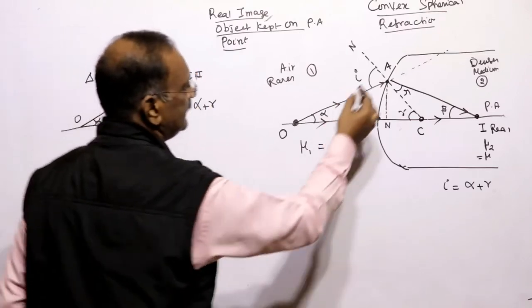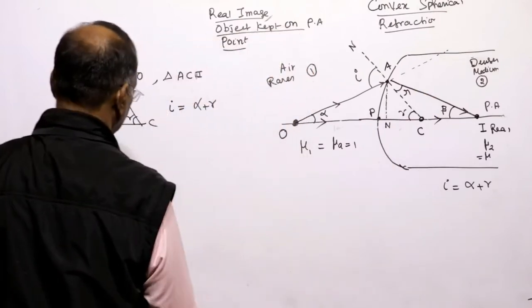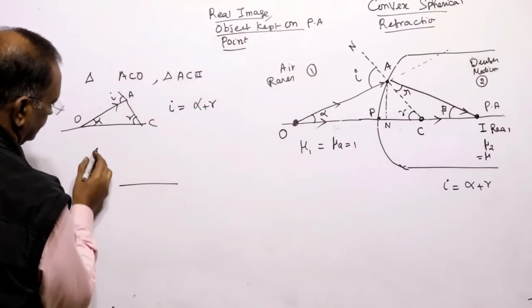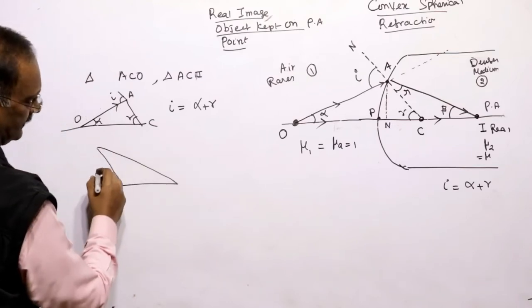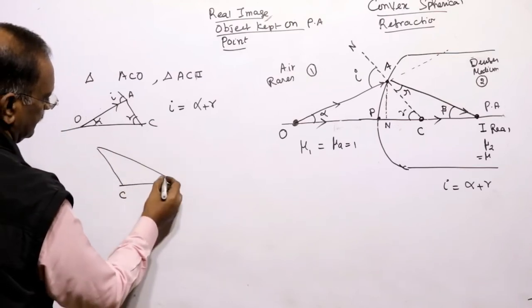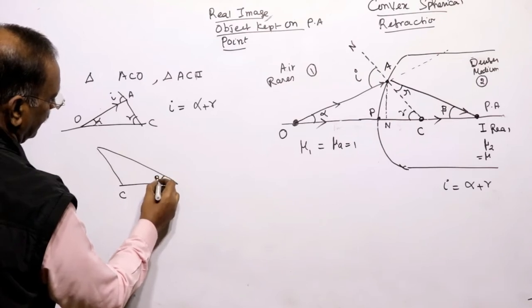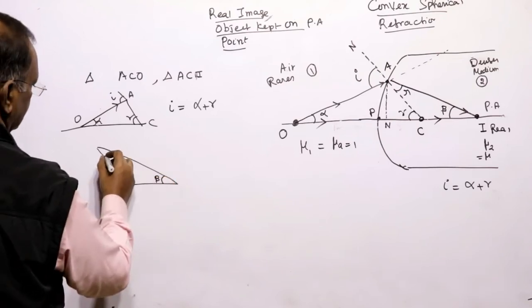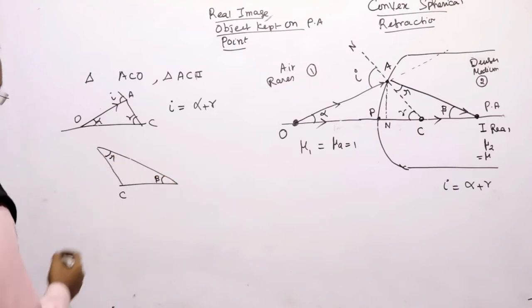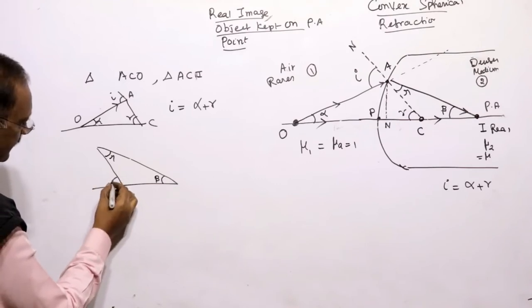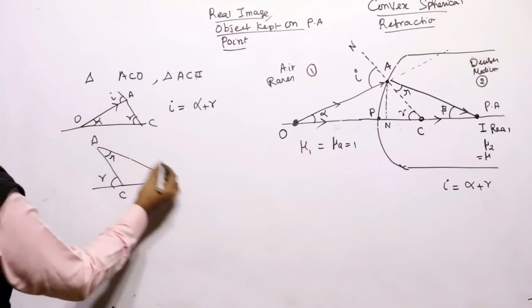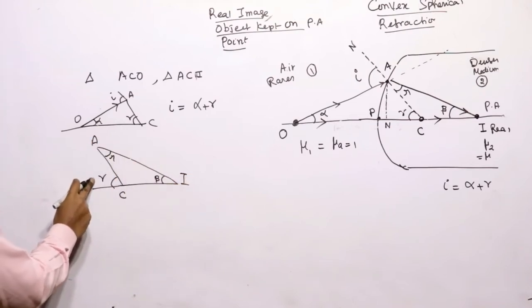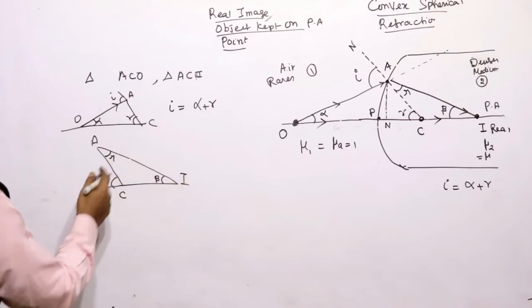Second, from the triangle ACI, the image triangle, it will be like this. This is C, this is beta, and this is the angle of refraction. And this angle is gamma. So this is the exterior angle, equal to the sum of the opposite interior angles.